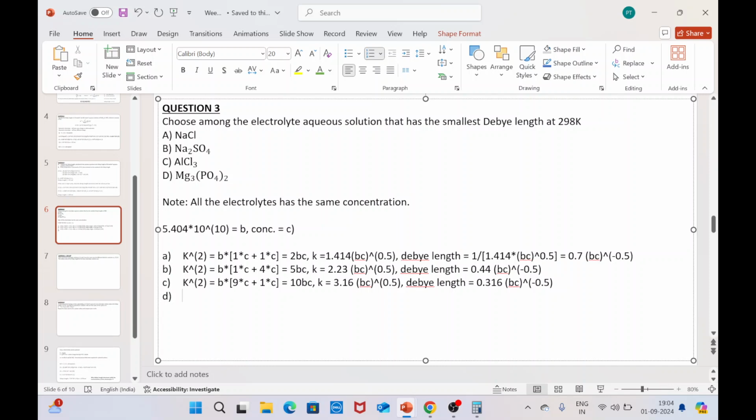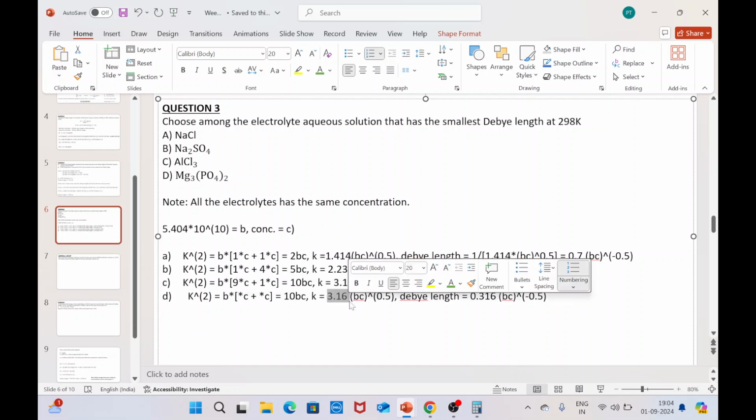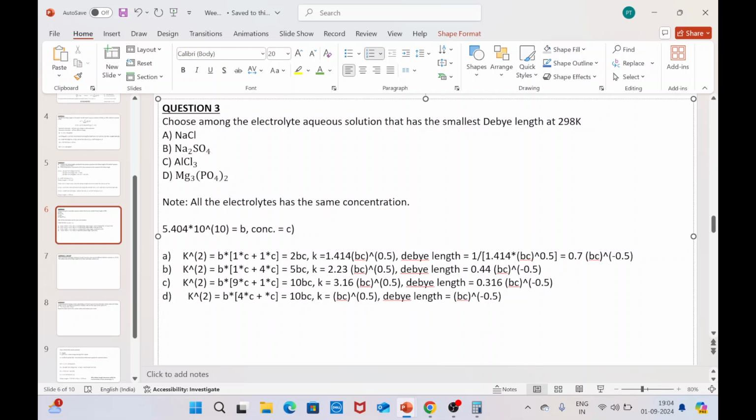So let me take this expression and modify it. Let me first remove all this. So Mg2 plus, so 2 square is 4, plus PO4 3 minus, so 3 square that is 9. So totally it is 13 Bc.